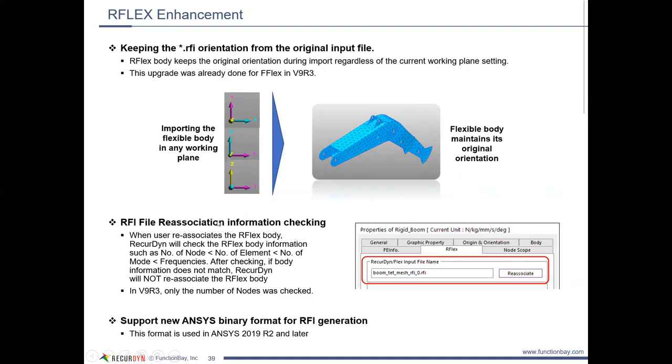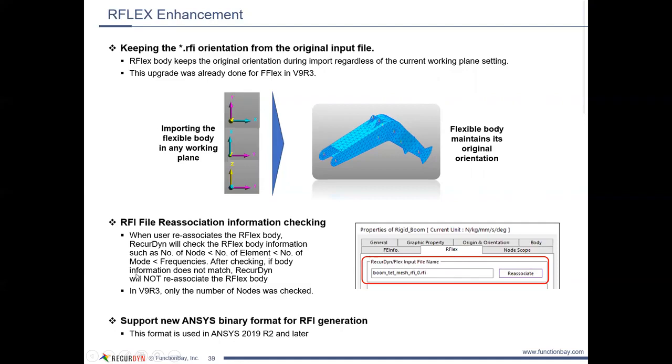There's an option, sometimes, like when you're using the G manager to switch between rigid bodies and then RFlex bodies, FFlex bodies, to change the state of the body. Sometimes you want to be able to reassociate, and other times if you've made a change, you may have a modified RFI file, and so you want to reassociate the new RFlex RFI file with the particular body.